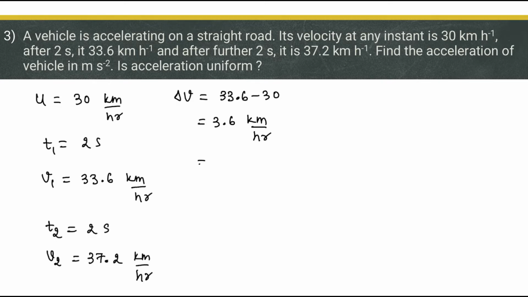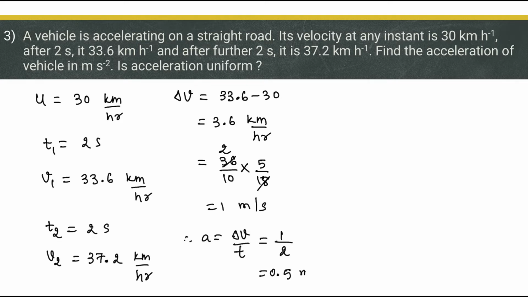And now if we convert this into meters per second, 1 kilometer per hour is 5 upon 18 meter per second. So this becomes 1 meter per second. So acceleration is change in velocity upon time, 1 upon 2, 0.5 meter per second square. So this is the acceleration in the initial 2 seconds.